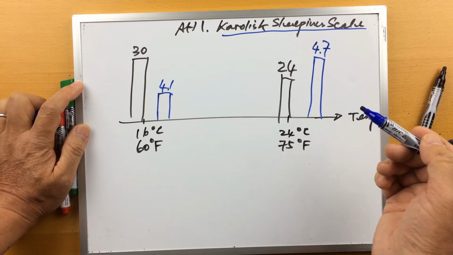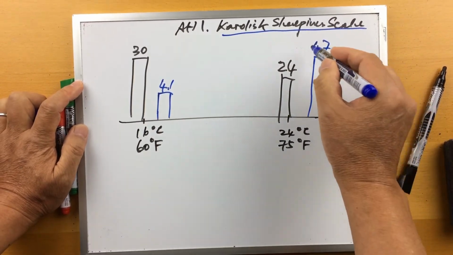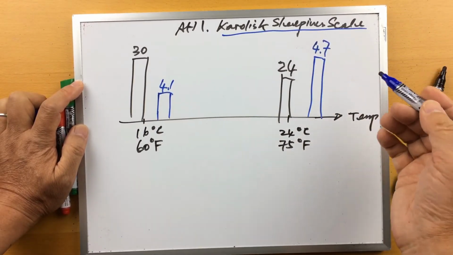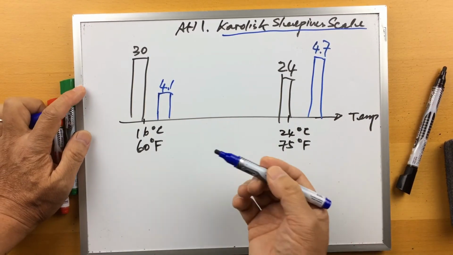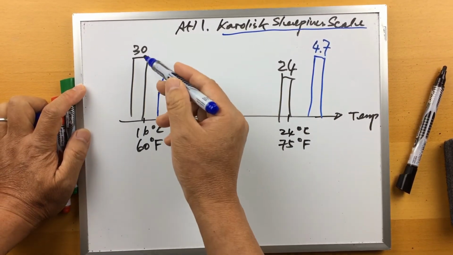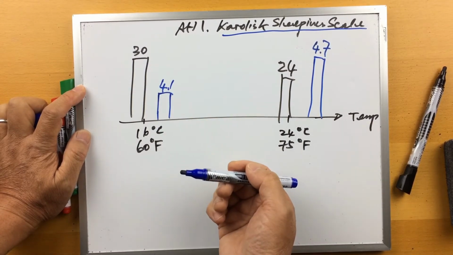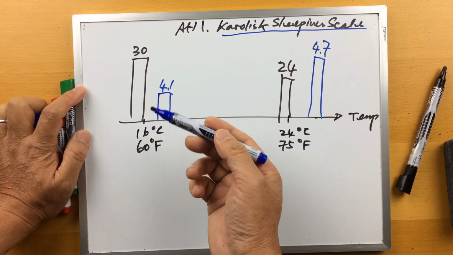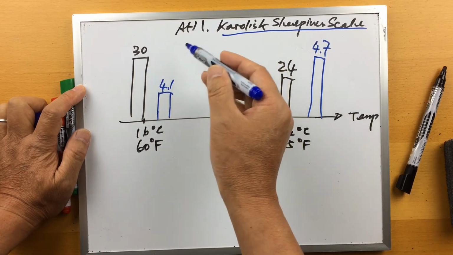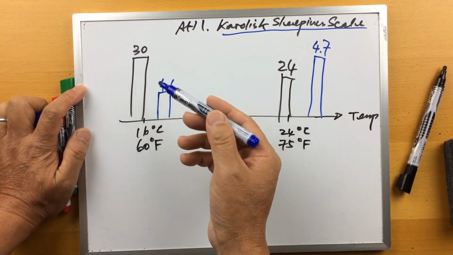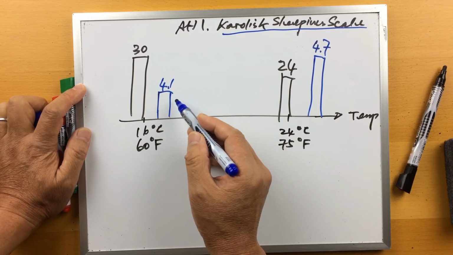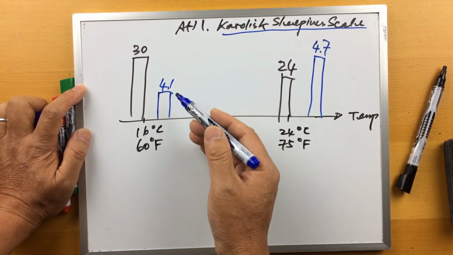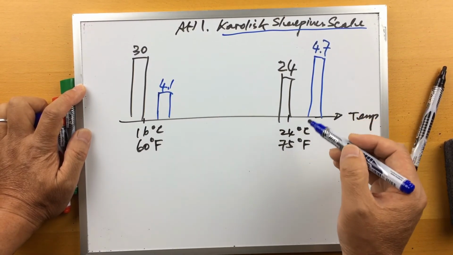By the way, the higher this number, the more sleepy a person was. So the surprise is that with a higher AHI, with more sleep apnea, you have a lower sleepiness score.